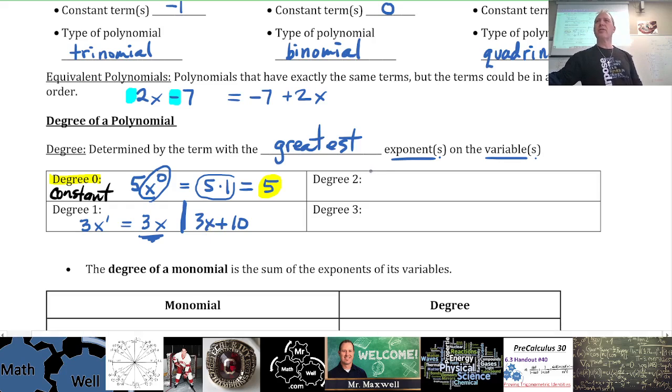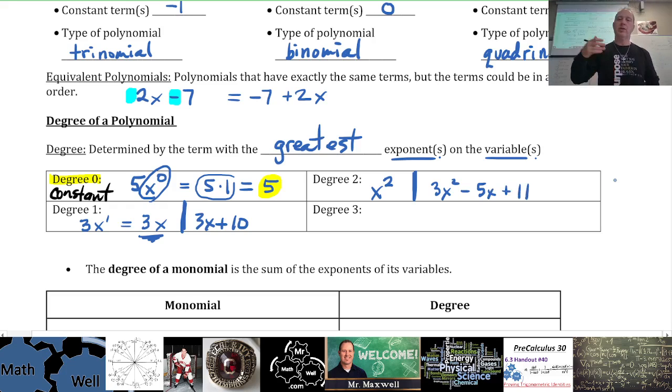Degree 2 is where we have something like x squared, and we could have more terms as long as the exponent on the x is less than 2. So we could have 3x squared minus 5x plus 11, because the largest exponent on the variable is squared.